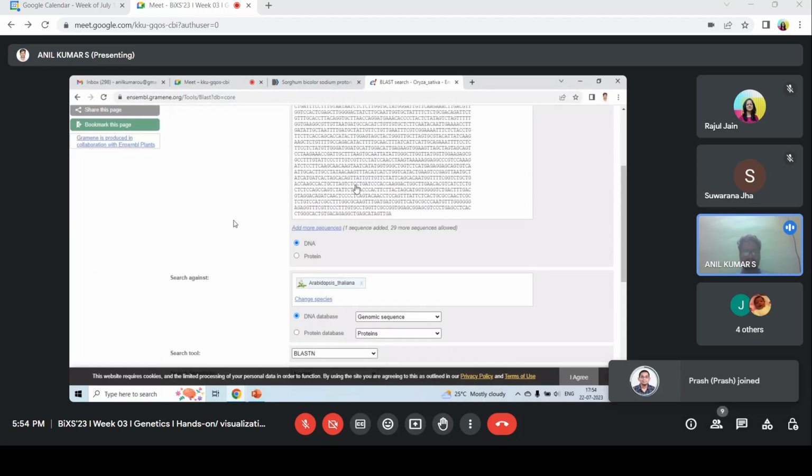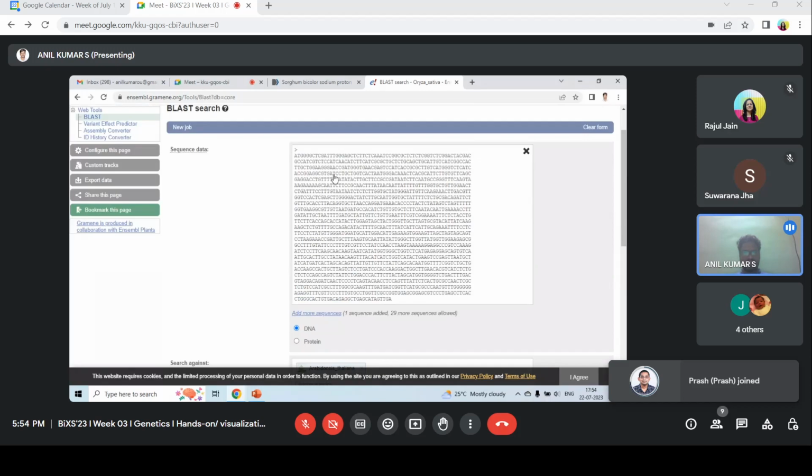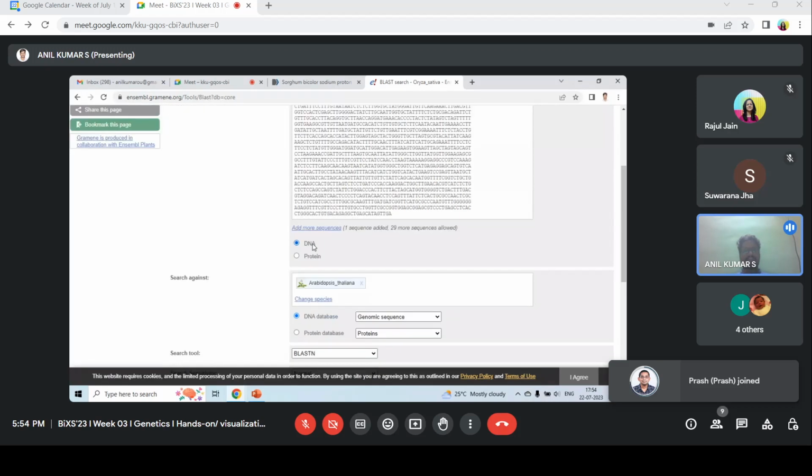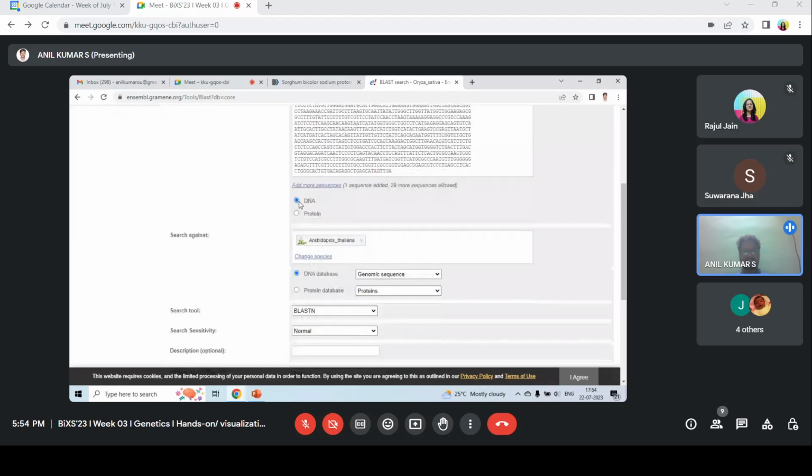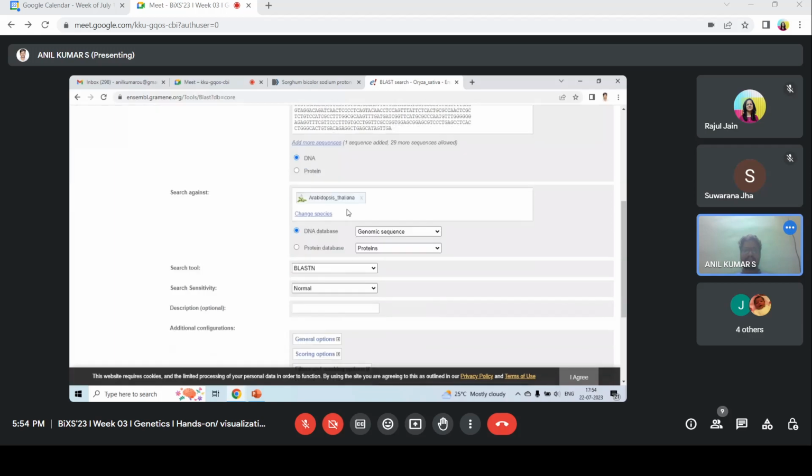So choose the gene, copy and paste. As we are working on DNA sequences, choose DNA and not protein, because we are submitting nucleotide sequences. Go with the DNA. And now I want to check this in rice.